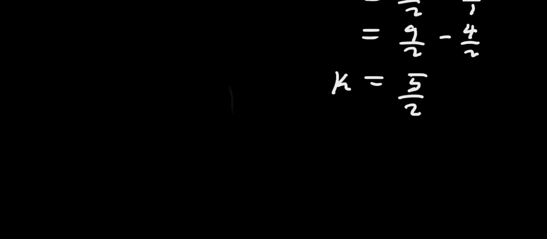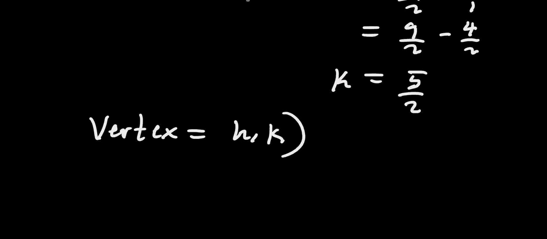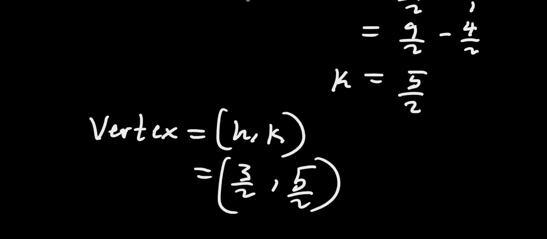So the vertex, which is equal to h, k, is now equal to 3 over 2 and 5 over 2. So this is the answer to question A.